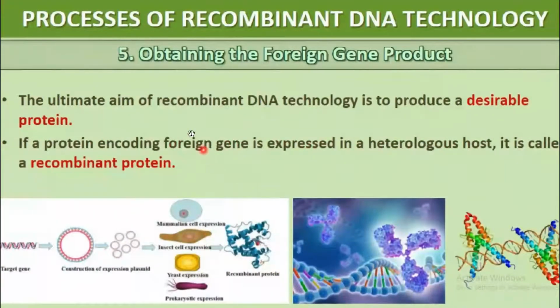Then fifth step, obtaining the foreign gene product. The ultimate aim of recombinant DNA technology is to produce a desirable protein. So, what do you mean by recombinant protein? If a protein encoding foreign gene is expressed in a heterologous host, it is called a recombinant protein.